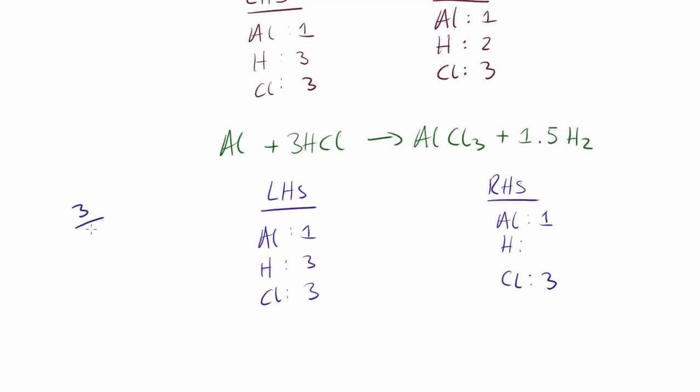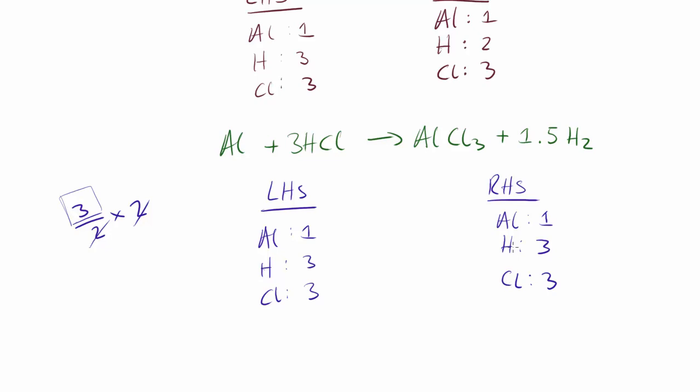Like if you have 3 over 2, which is the same as 1.5, you multiply that by 2, you just cancel out the 2's. All you get left at the end is 3. So similarly here, we simply have a 3 at the end.